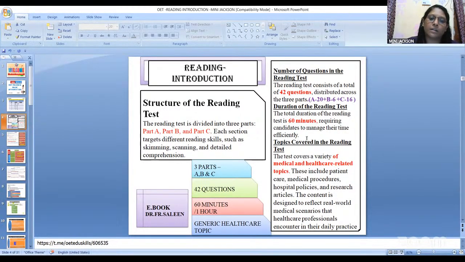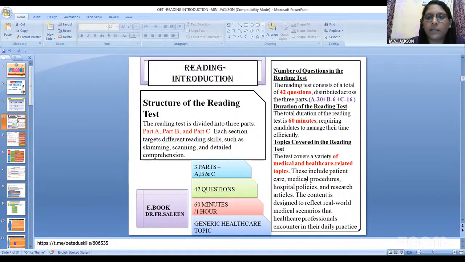According to our medical knowledge, there are different types of departments, so we will have department-based questions, or policies, research, or article type questions. In listening, yesterday Manju ma'am explained, it is mostly a conversation between a doctor or physiotherapist and a patient.